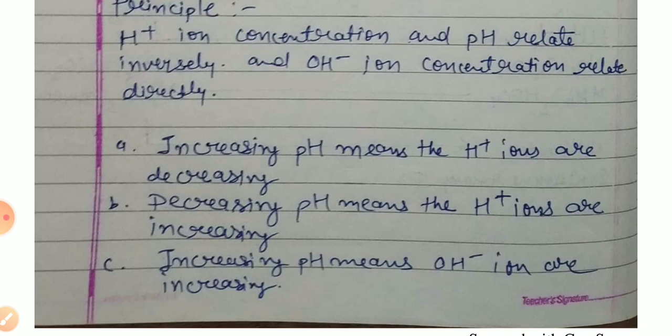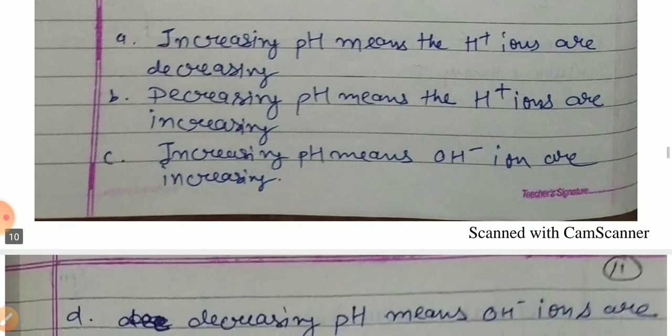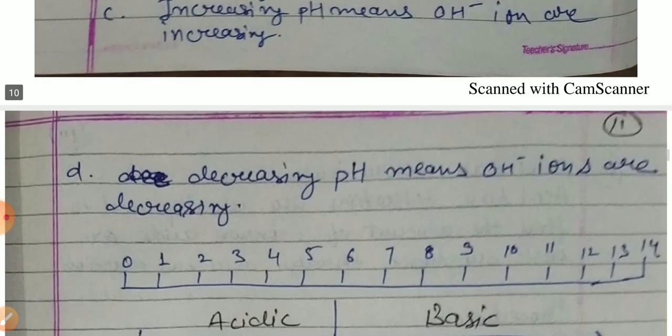Now third is increasing pH means OH ion concentration increases, because as you know, above 7 the OH ion concentration increases and the basicity increases. Now the last one is decreasing the pH, the OH ion concentration also decreases. Below 7 the OH concentration reduces and the H plus concentration increases, so the solution becomes acidic.